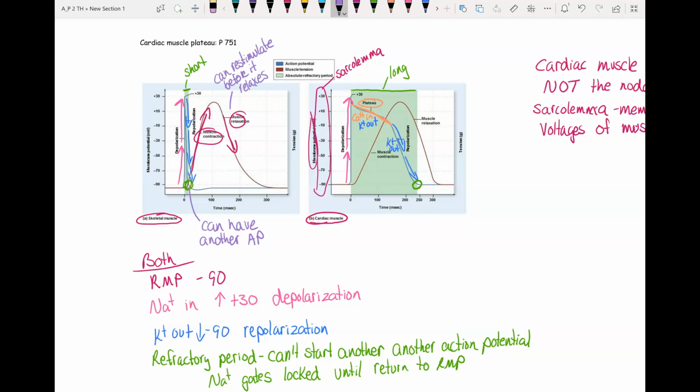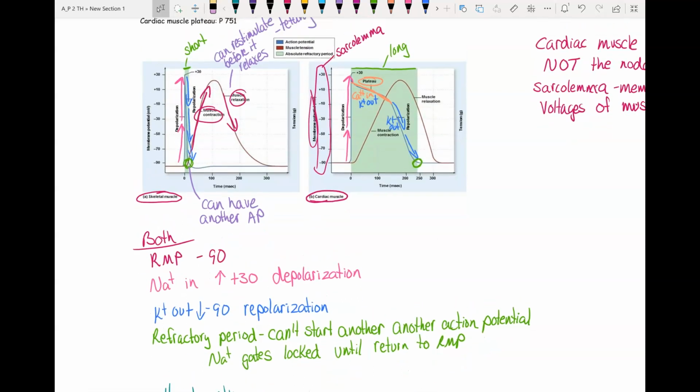You keep re-stimulating it before it has a chance to relax, and so it stays contracted. And this state of staying contracted is called tetany. Not to be confused with the disease tetanus. Remember, we learned about that in chapter 14. That's a bacterial infection. We're not talking about infection. Tetany is just a state of keeping your muscle contracted. You do this all the time.